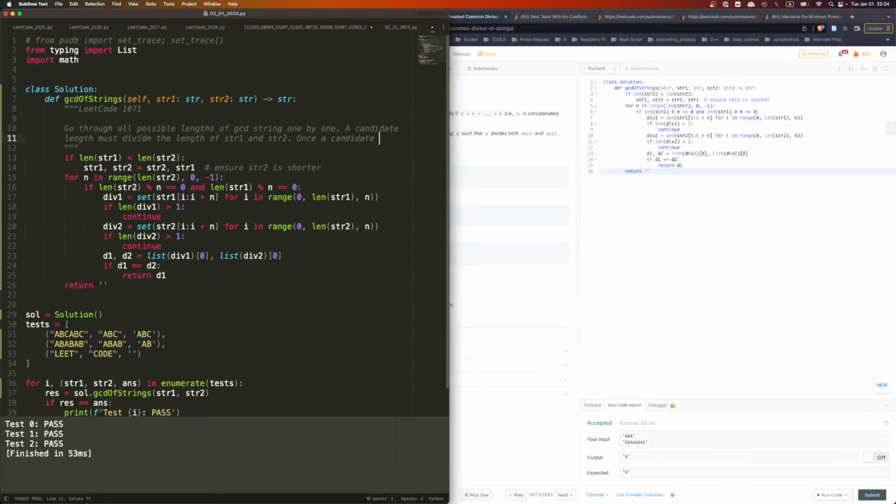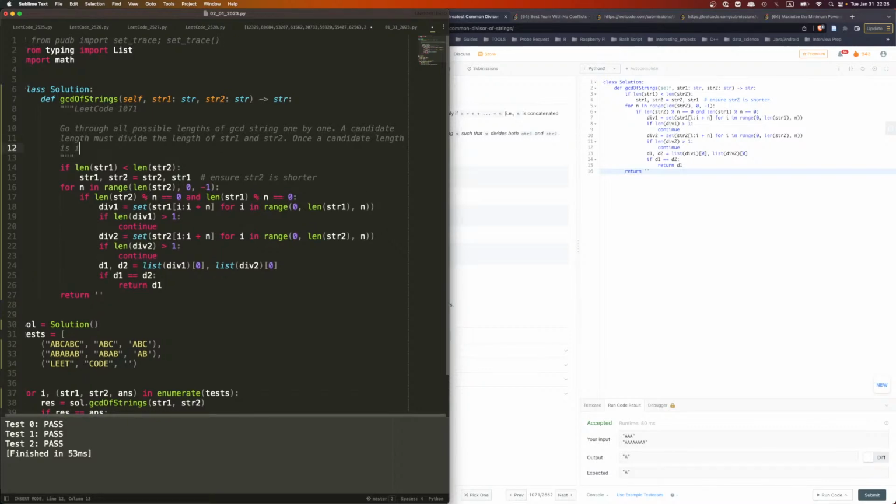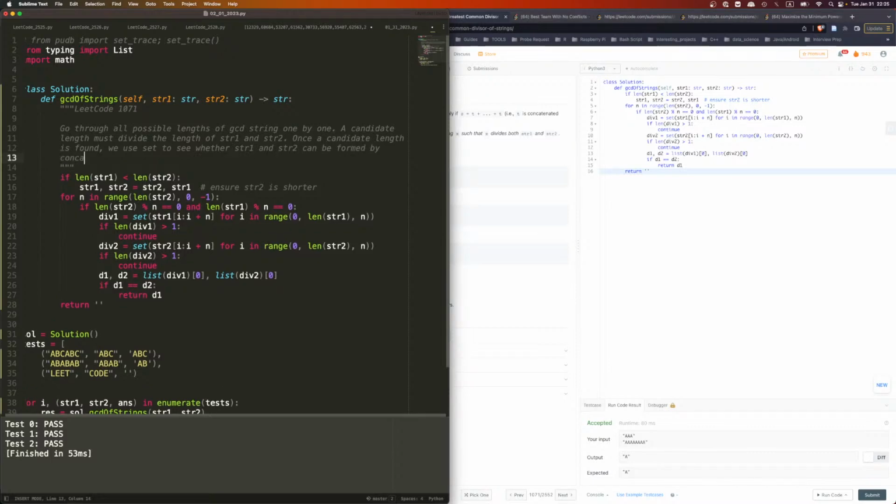Once a candidate length is found, we use set to see how many different components to see whether str1 and str2 can be formed by concatenating the same string.